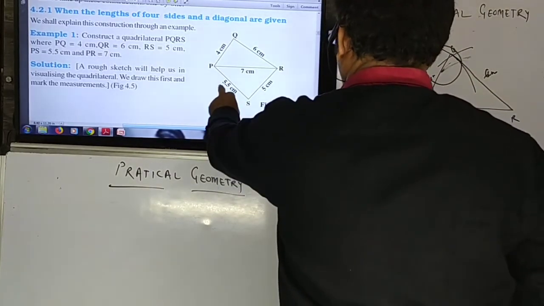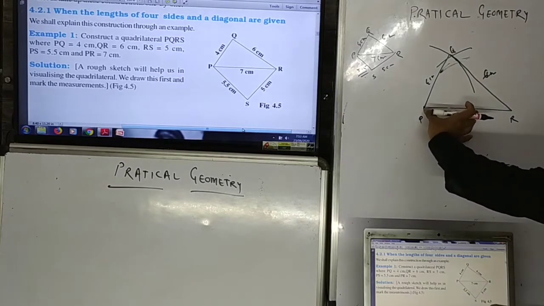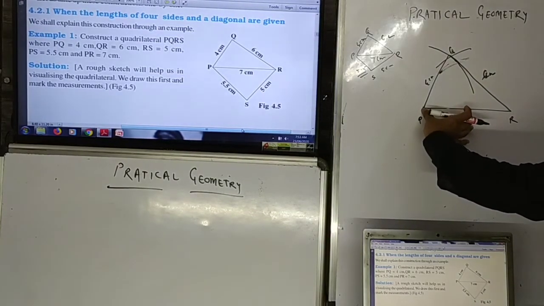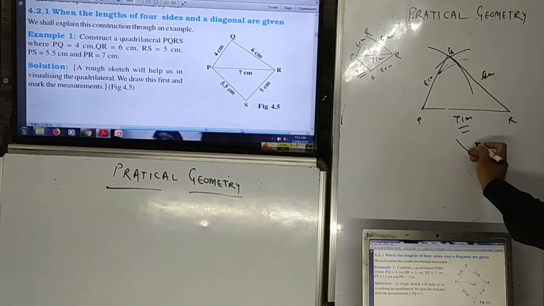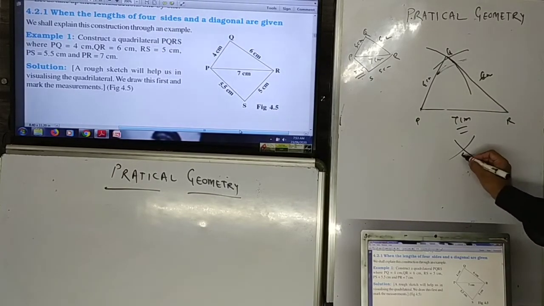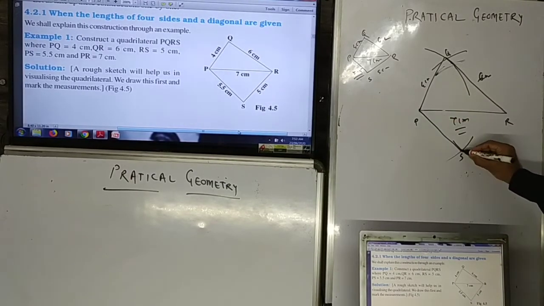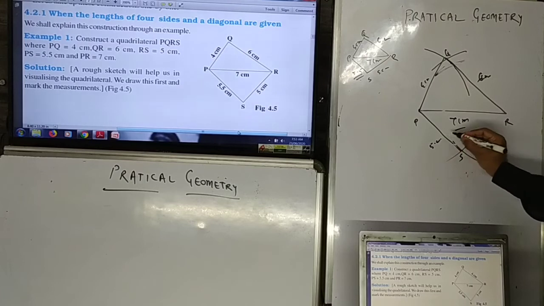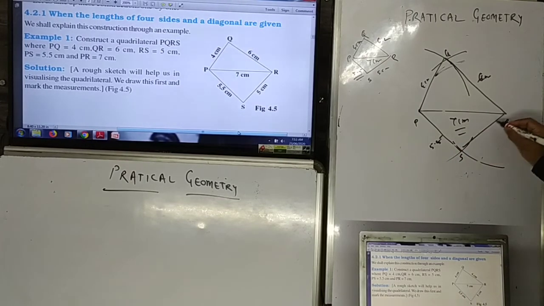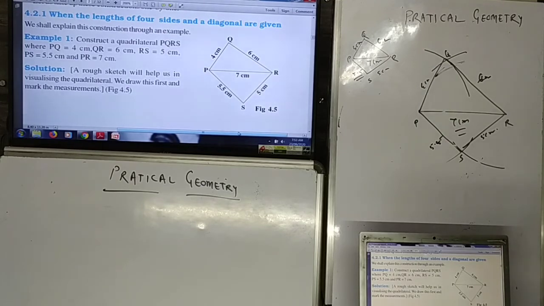S is 5.5 centimeter from P. Take 5.5 centimeter, put metallic end of rounder at P and draw arc of radius 5.5 centimeter intersecting the previous arc at S. Now this is equal to 5.5 centimeter and this equal to 5 centimeter. Resulting quadrilateral is quadrilateral PQRS.